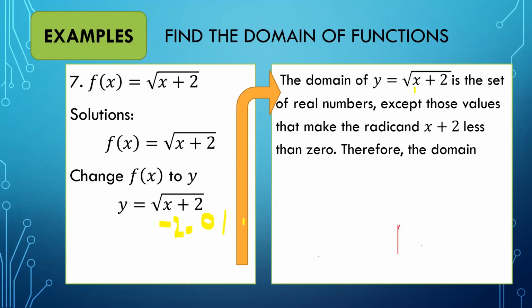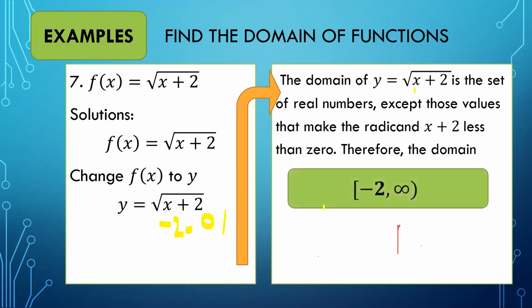So therefore, the domain will be from negative 2 to positive infinity, and we will exclude all numbers from negative infinity approaching negative 2.